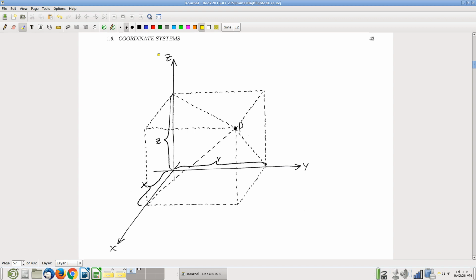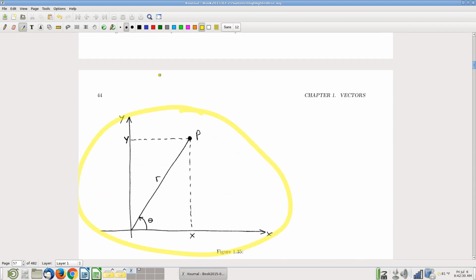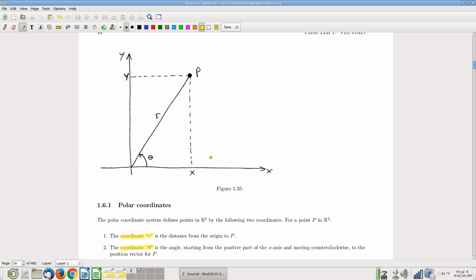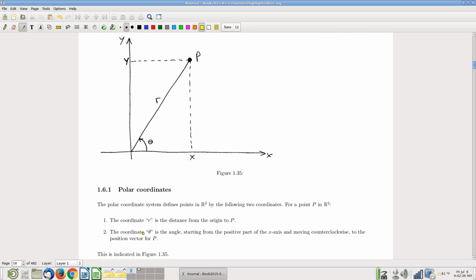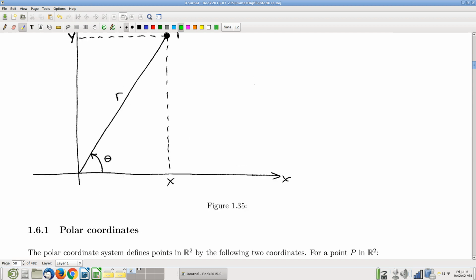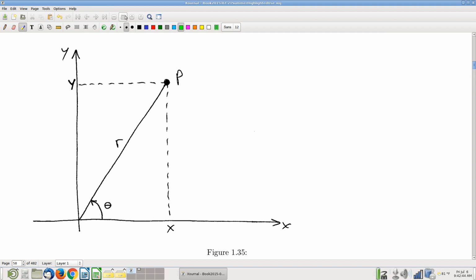Okay, all right. So here's a different coordinate system. I think a lot of y'all have probably seen this before. This is called the polar coordinate system. And if you want to describe a point in the xy plane, which you could describe by saying it has rectangular coordinates x and y, or x comma y, suit yourself.